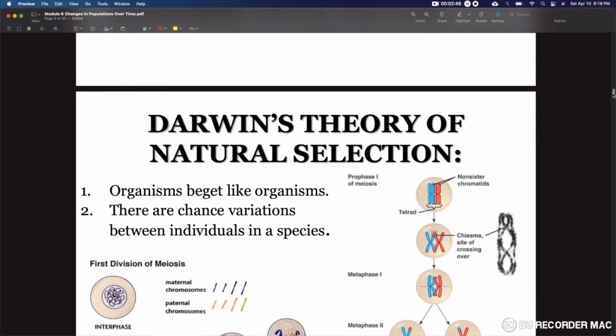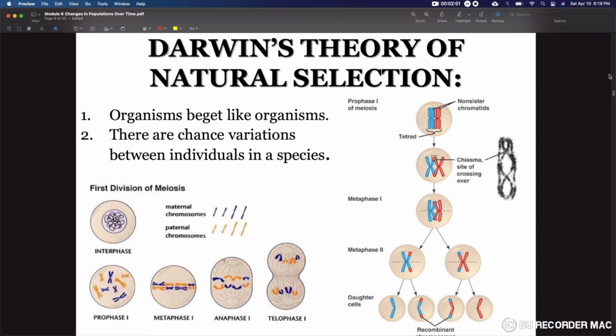Now moving on to Darwin's theory of natural selection. For us to understand what Darwin, a naturalist, was thinking back then in his theory of evolution, just look at this. So the number one thing that he noticed is that organisms, your parents, beget the same organism.